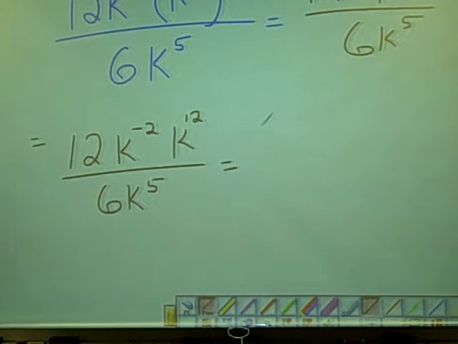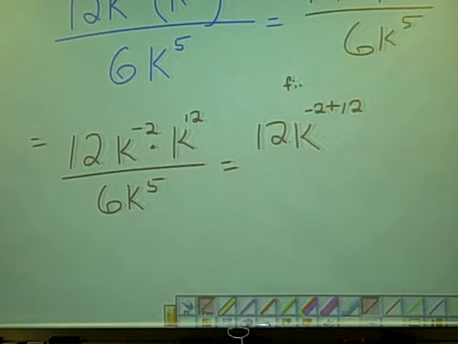Alright, well, that'll be 12k to the -2. What follows after that? Plus or minus? Because we're multiplying these two, would it be first plus the second or first minus the second? Plus, right.